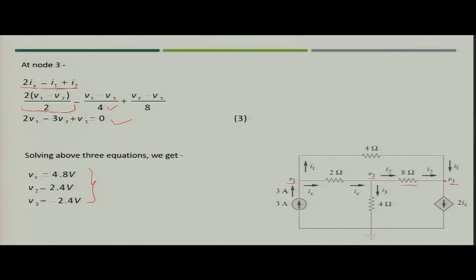So, in this way you can solve any type of circuit network with the help of nodal analysis. In this particular week we discussed node voltage, nodal analysis and mesh analysis. Whenever you need to find out the circuit parameters in terms of currents, you can use mesh analysis, and when you are asked to find out the node voltages, you can use nodal analysis.